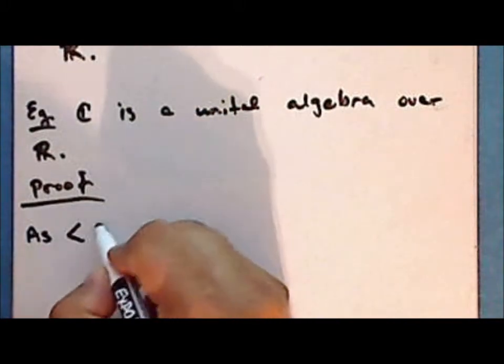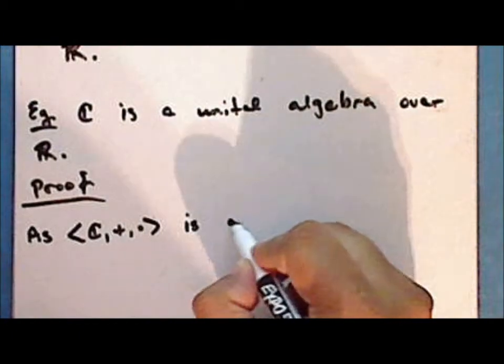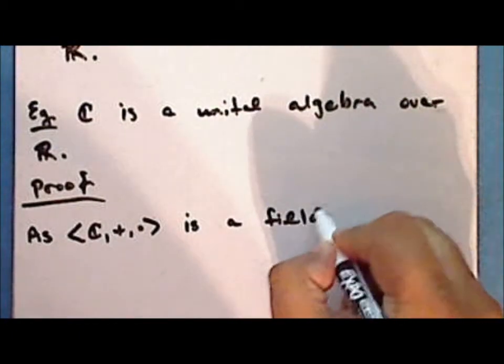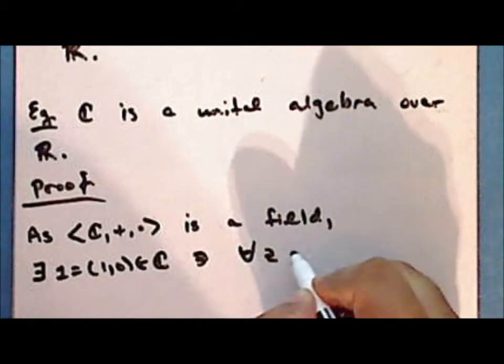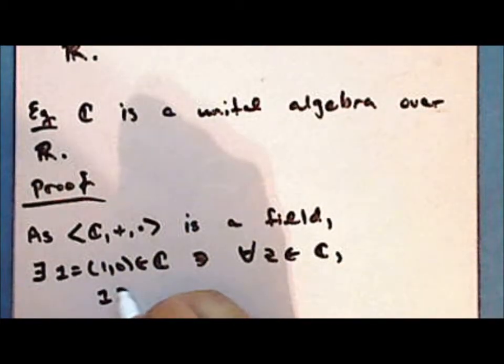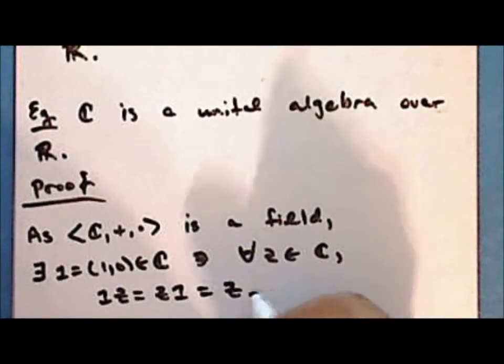As the complex numbers together with addition and multiplication is a field, there exists the identity, which is the ordered pair (1, 0) in the complex numbers, such that for every complex number z, we have that 1 times z is the same as z times 1, which is z.